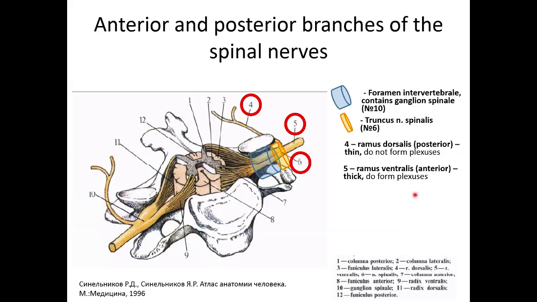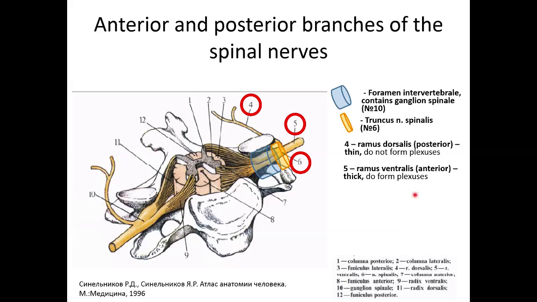It's a feature of spinal nerves that they do not pass parallelly, but they connect with each other, forming plexuses.